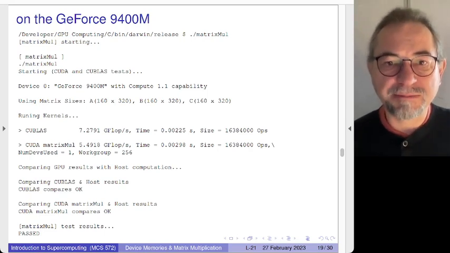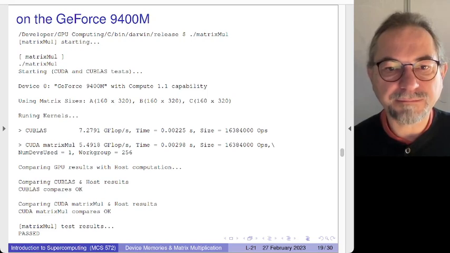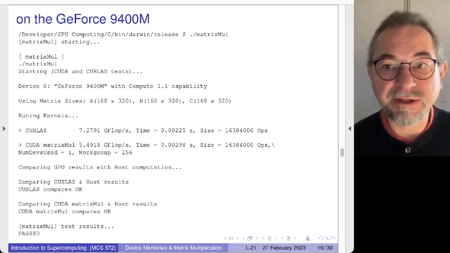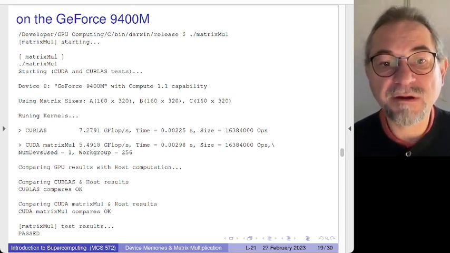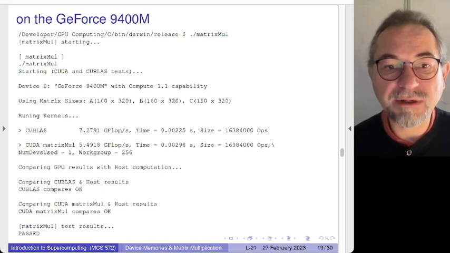So it's important to keep in mind that everything is done with 32-bit floats, single floating point precision. Nevertheless, on this card, in a simple laptop, you see that we get 5 gigaflops as the performance.